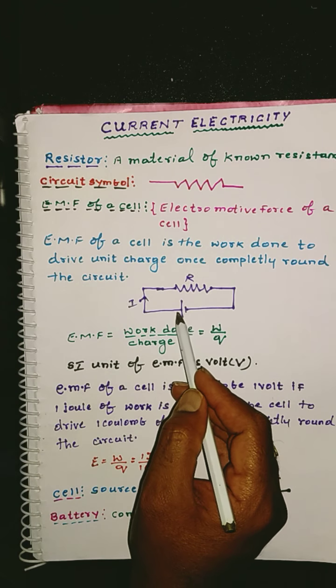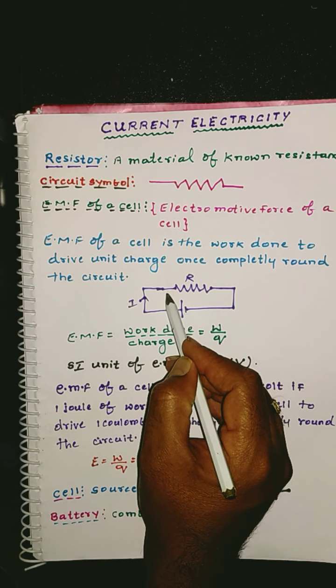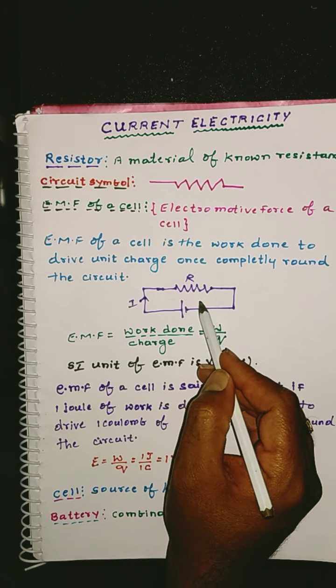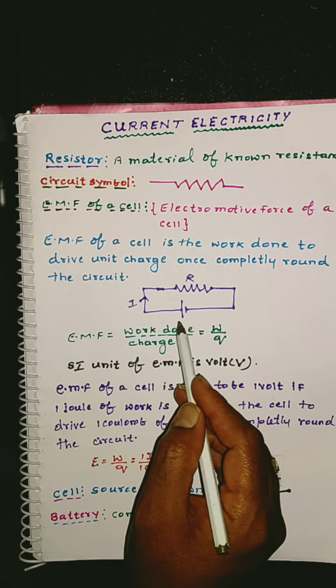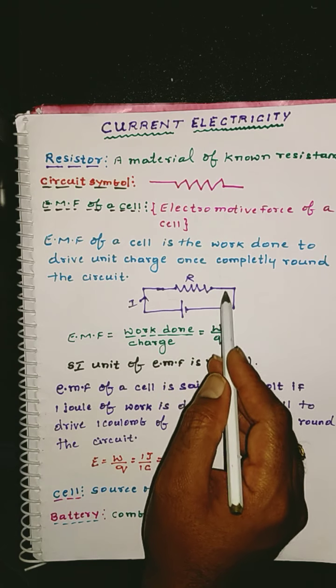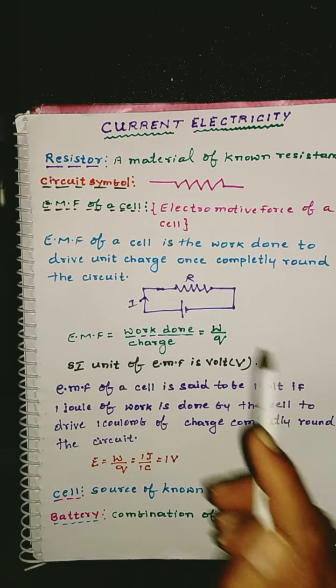On the other hand, if you are measuring the work done by the cell in moving the charge only against the external resistance, only against these 2 points, then you call it terminal potential difference. The work done in moving a unit charge against the external resistance of the circuit is what is called the terminal potential difference of the cell.